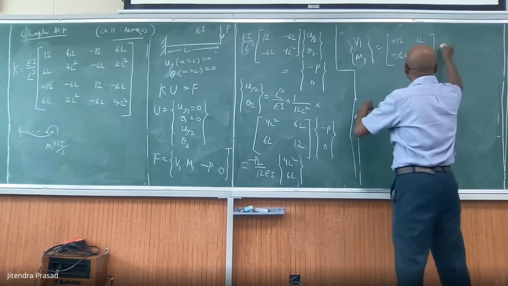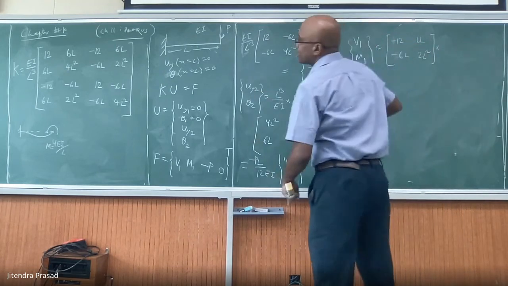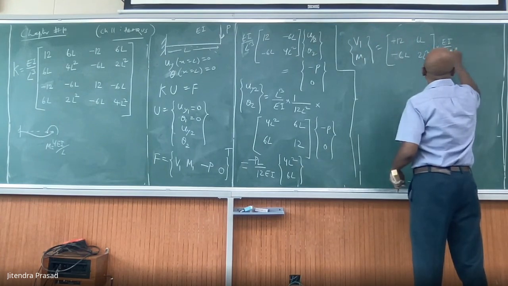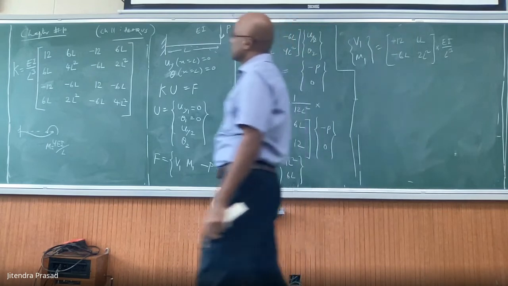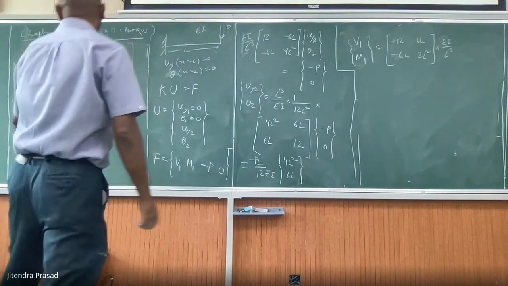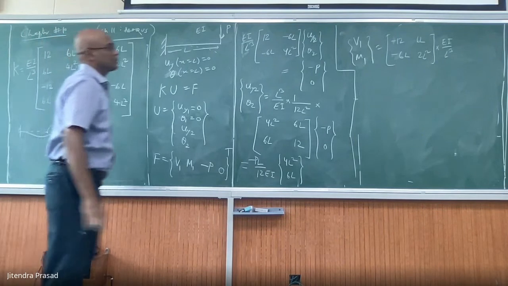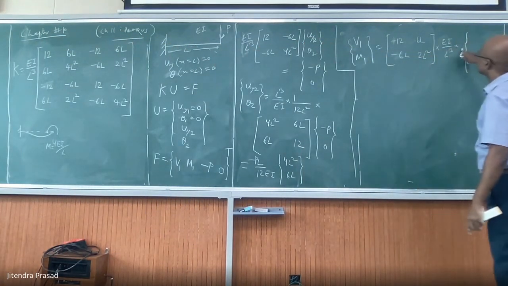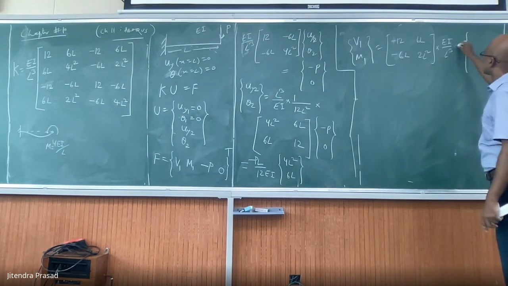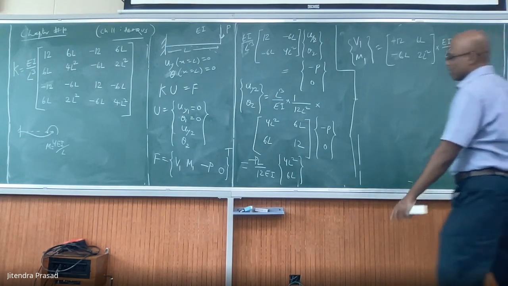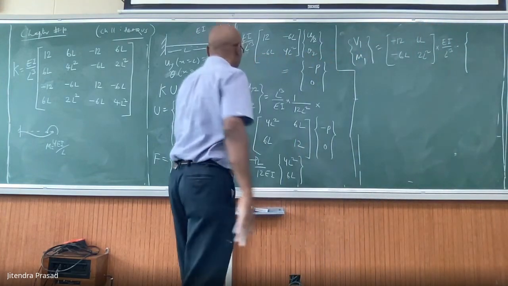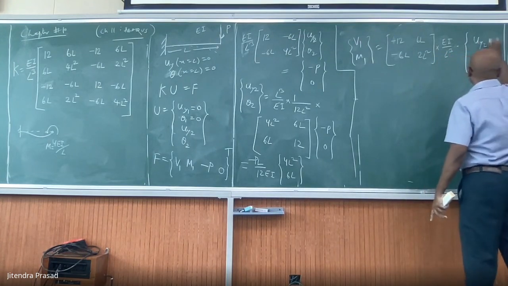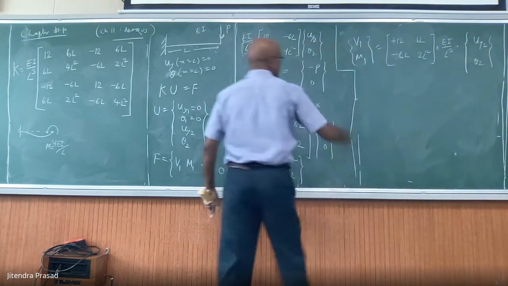And of course, this is multiplied by the whole thing, EI over L cube, that is K. Then you have multiplied by this, Uy2, theta 2. You get these values from here, you get this one.